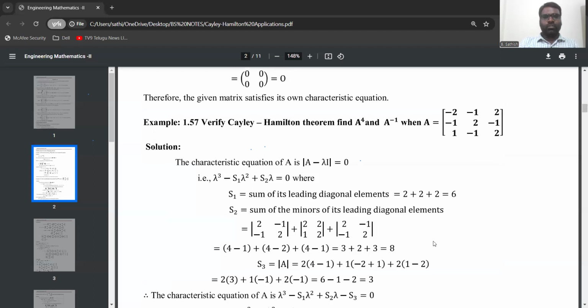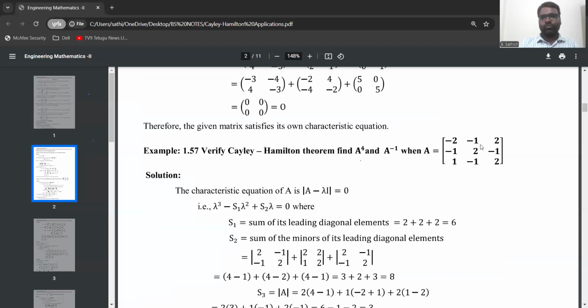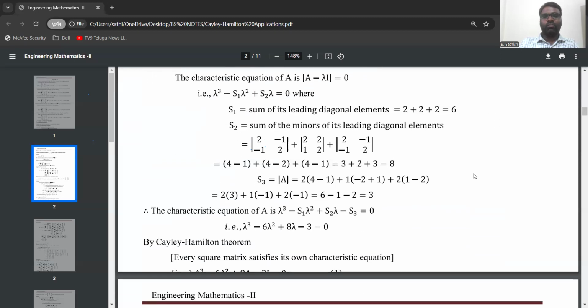Next, for the last element we get minus 1, 2 and 1, minus 1, again 1 minus 2. So therefore the determinant is equal to 3.